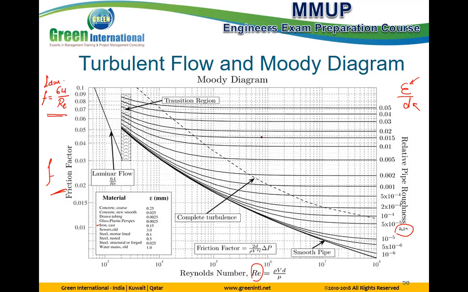Okay, this is turbulent. What is important here is this first curve. You see this line, the first curve here. This first curve represents the smooth pipe.